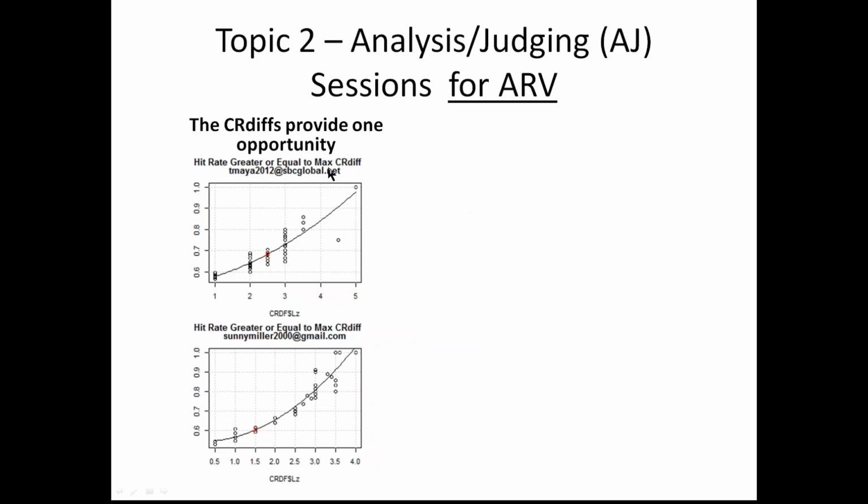This concept of taking the difference of confidence rankings, so that's the scale here. This is the difference of confidence rankings plotted against the cumulative hit rate, where this is ordered. So these are ordered by the difference.